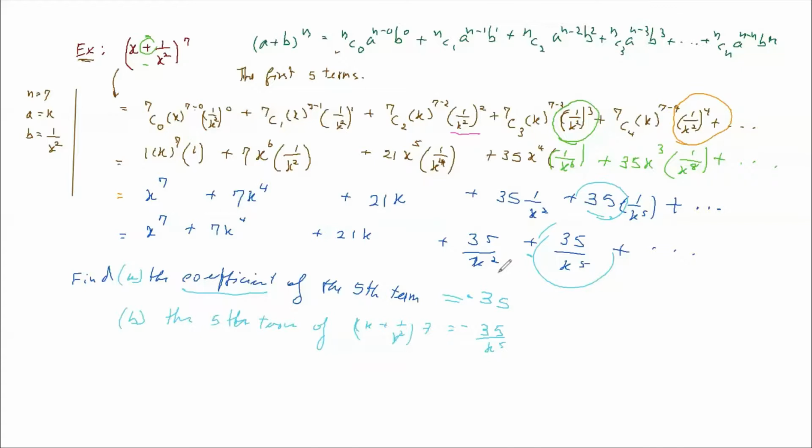You have the fraction form. Now we go to more examples, I think, for the next example. For this example, we're going to use, for example, if the question wants you to find a specific term, okay, we're going to use this formula.